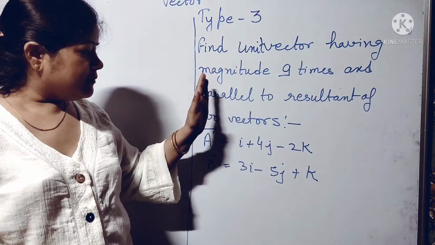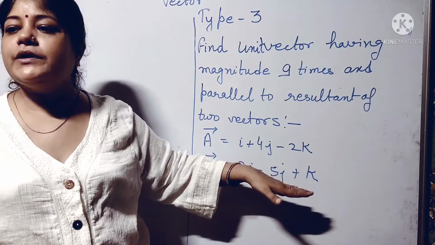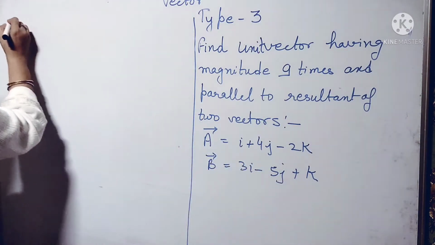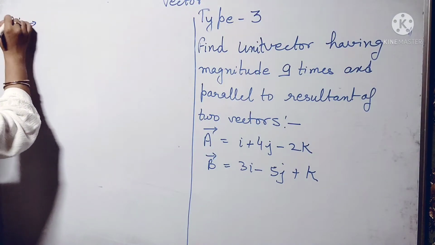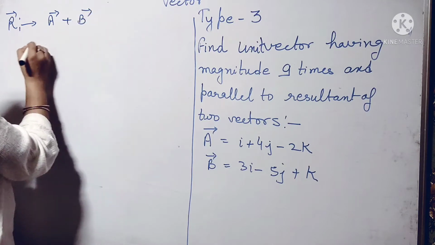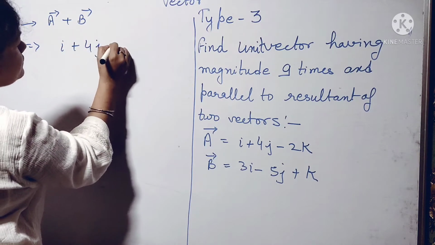Now, firstly we follow the same procedure as we followed in the previous questions. So firstly we have to find the resultant of two vectors, vector A plus vector B. So we have to sum up both of these two vectors.